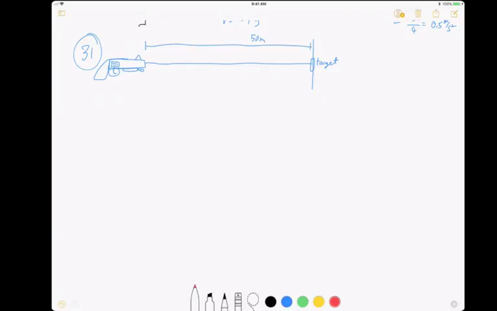The bullet took a path like this, where this distance here is 0.02 meters. And the question is, what's the velocity?